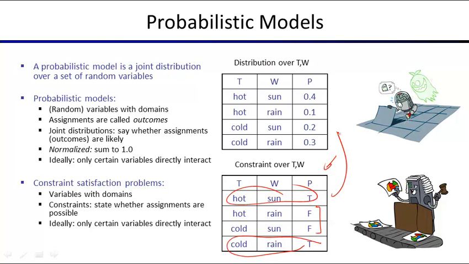This, if we go up here, is a soft version of the constraints listed below. It's saying that 0.4, that's how good it is to have those 2, hot and sun. 0.3 here, but these 2 don't get a 0. The table below here would be similar to 0.5, 0.5, 0, 0. But here we can choose more fluidly what numbers we want to associate with everything. So we have a soft version of a CSP.